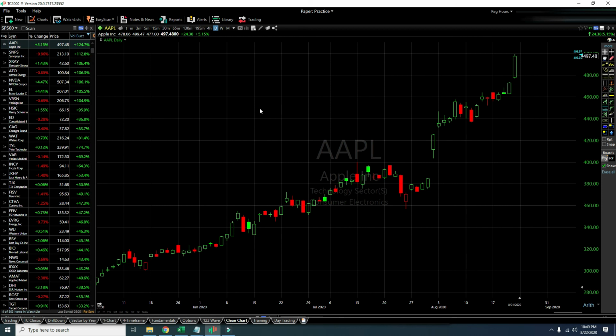If you are a long-term trader, you could use something like 4 to 5 ATR because Apple's volatility is not that high. It consistently moves in one direction. This is not a stock like Tesla where you need to have a very high ATR to give enough room for the stock to breathe when it's moving in one direction.